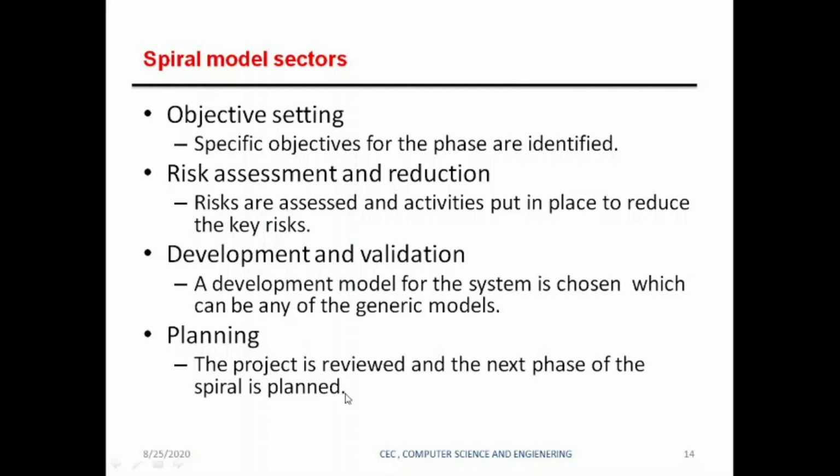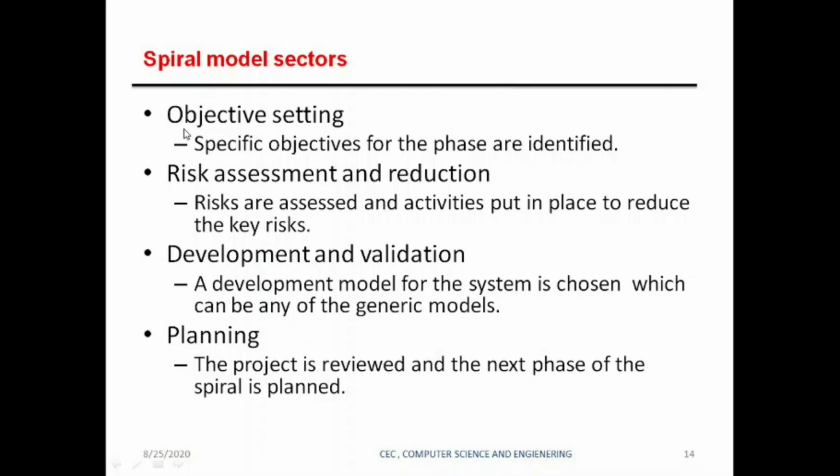For all the activities, all of this is applied: objective setting, risk assessment and reduction, development and validation, and planning. For specification, you check whether the customer requirement is met, and start planning for the next phase, which is design and implementation.